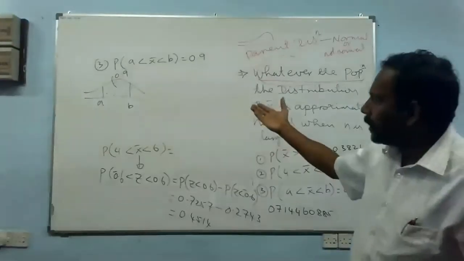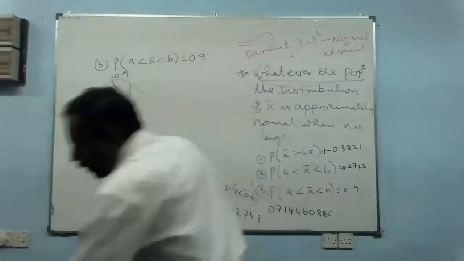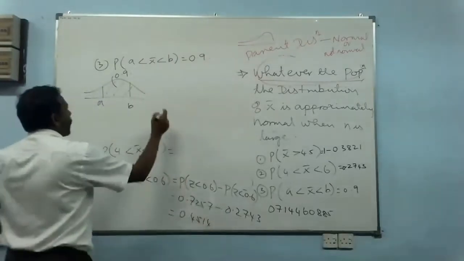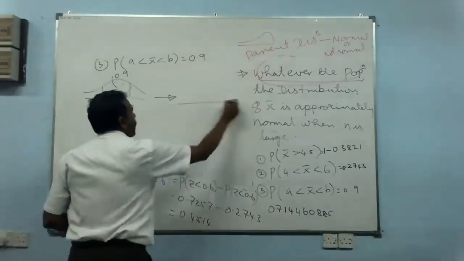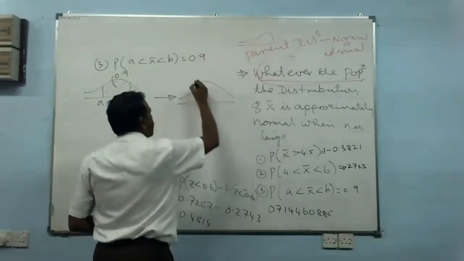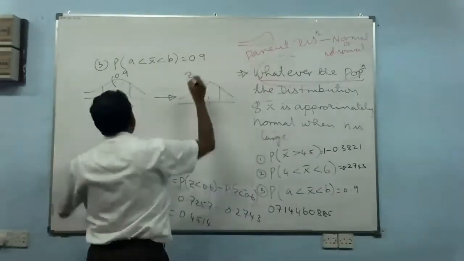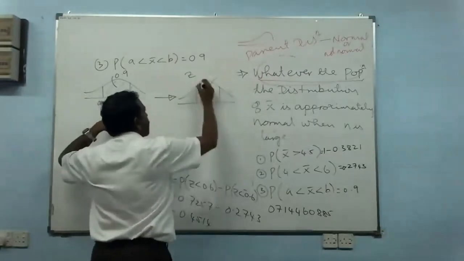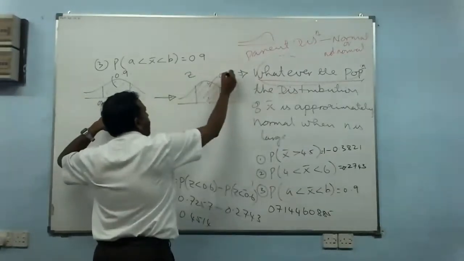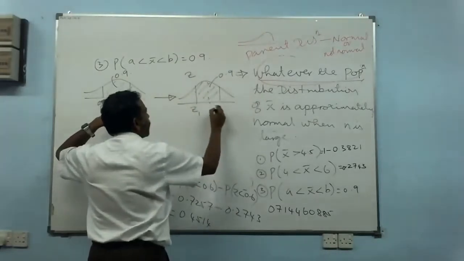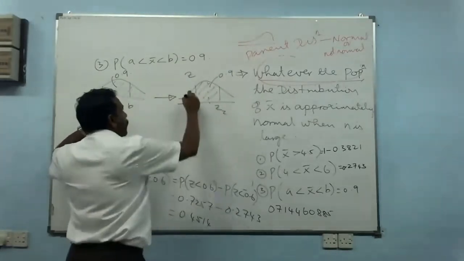So you have done similar ones, right? So first you'll have to find out in the Z distribution. This is the Z distribution. So here this is 0.9 again. So here Z1, let's say Z2. What is this area?